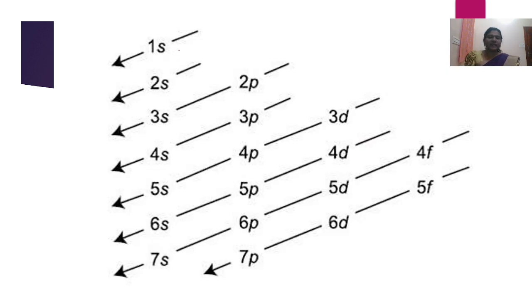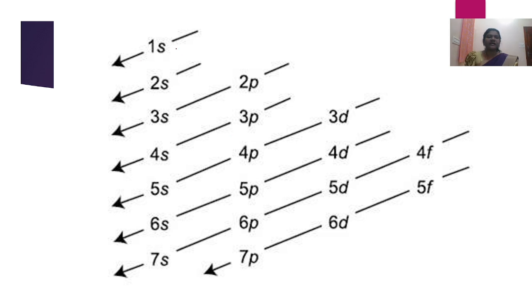This is the diagrammatic representation of Aufbau principle, in which you have to write the s orbitals, and in between that you have to write the p orbitals, then the d orbitals, then f orbitals. You have to link the s orbitals and p orbitals like this.